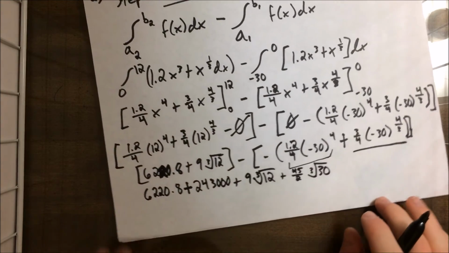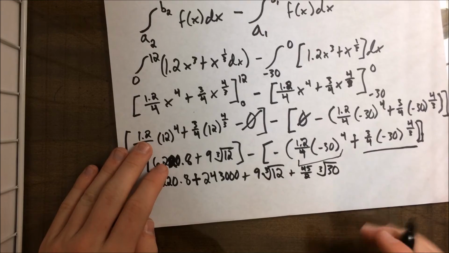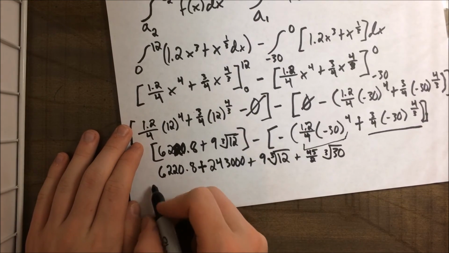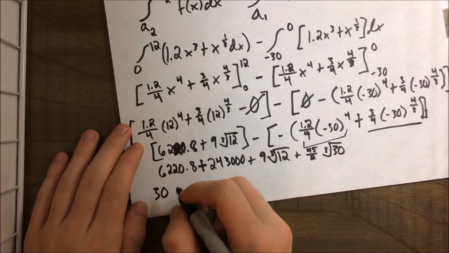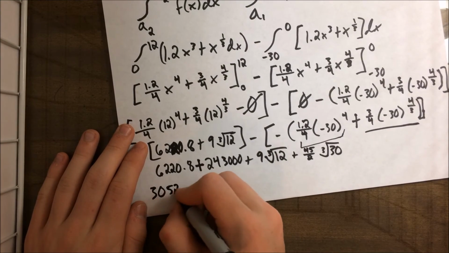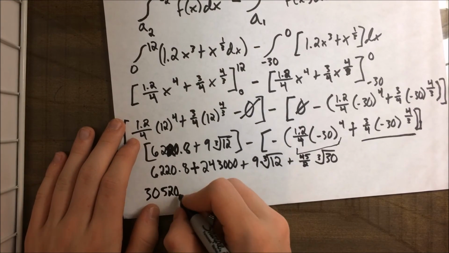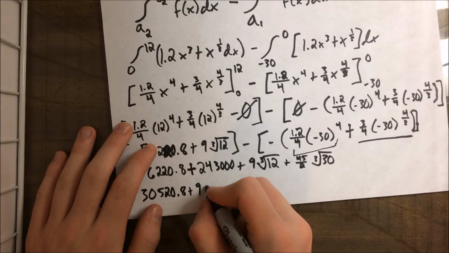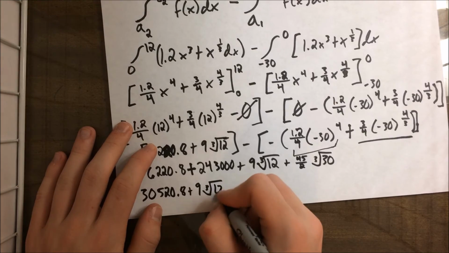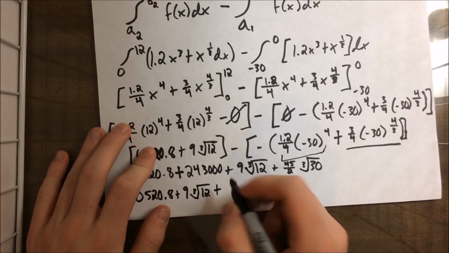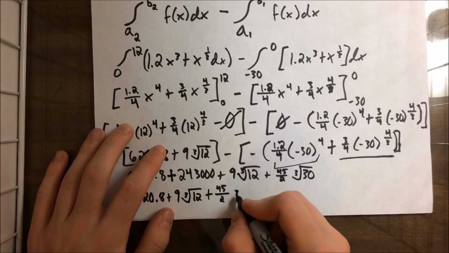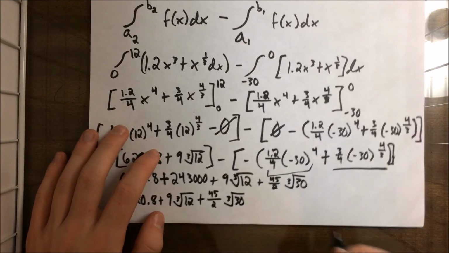Okay, so then to simplify that into the final answer, we're going to get on the bottom here 30,520.8 plus 9 cube root of 12 plus 45 halves cube root of 30.